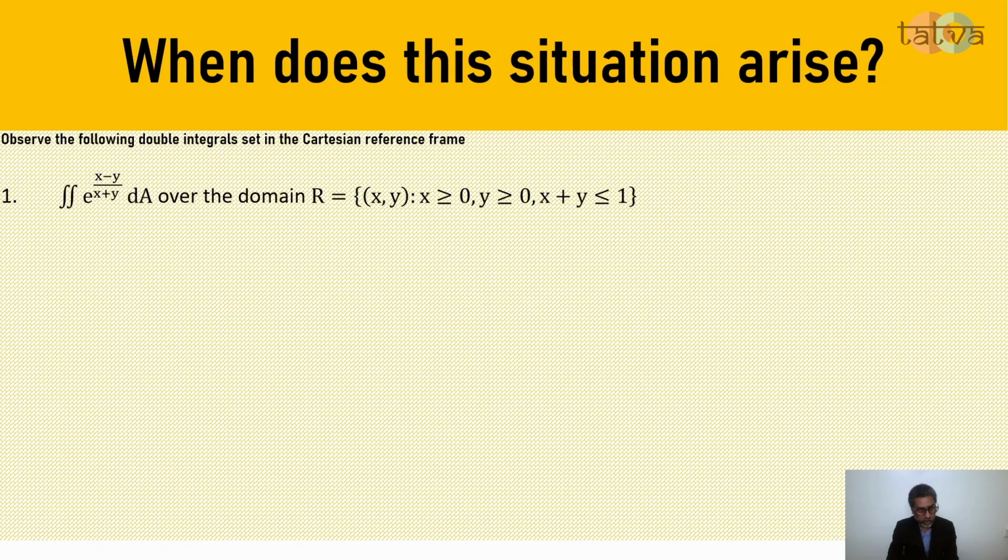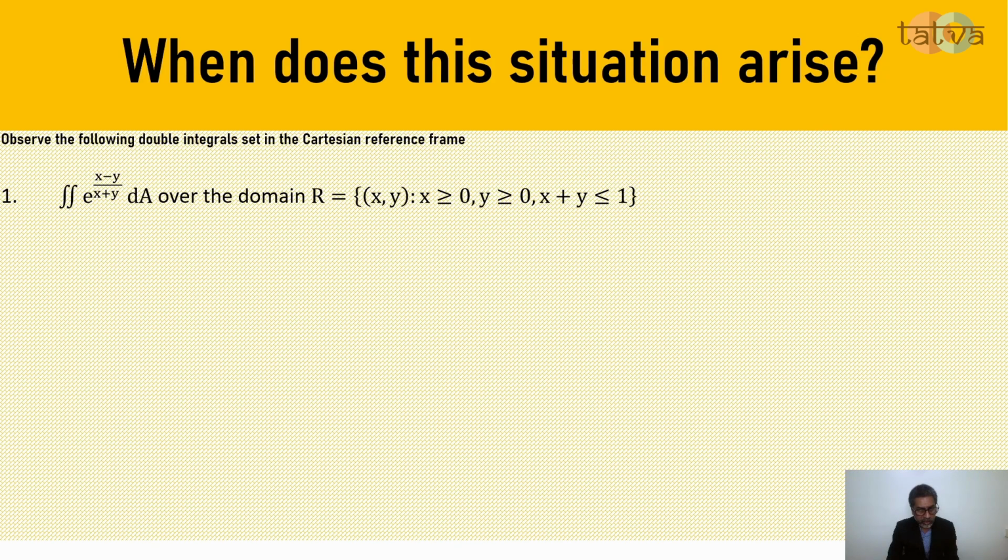Now look at this problem, the double integral of e power (x minus y) by (x plus y) dA. Now let us not look at the other parts, but only concentrate on the function. E power (x minus y) by (x plus y) is generally considered an unfriendly type of function, even if the region is simple.